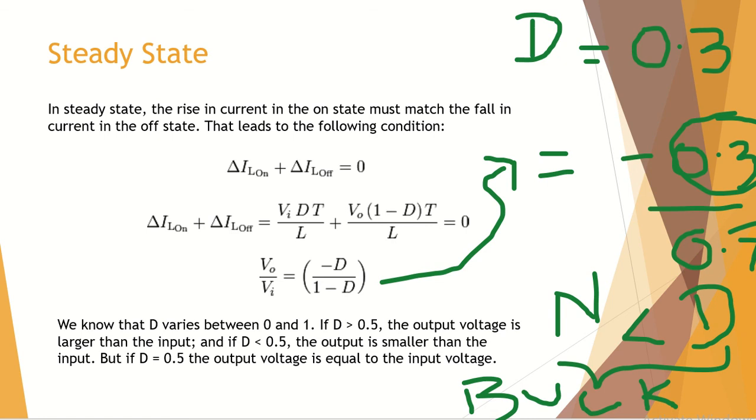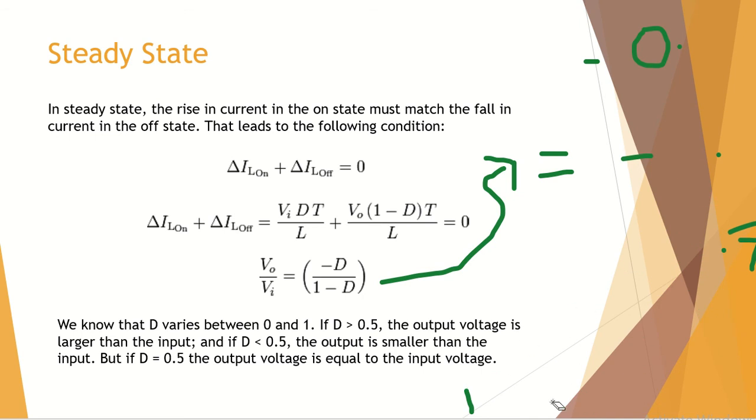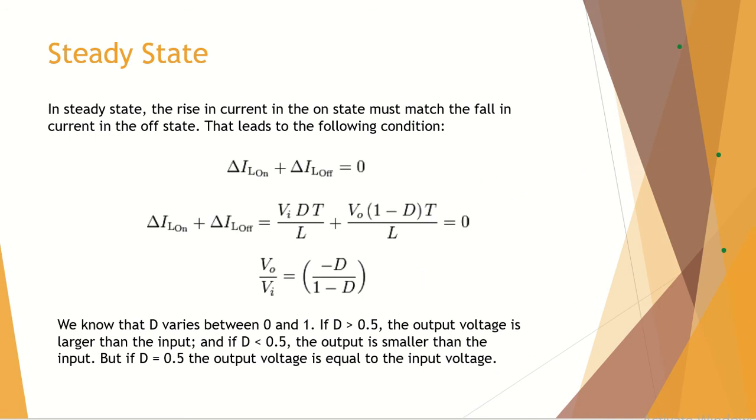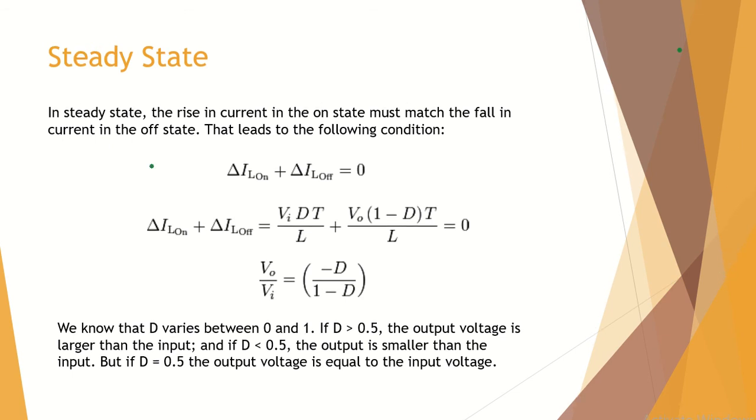Let's put 0.7 over here. If you put 0.7 over here, it will be minus 0.7 divided by 1 minus 0.7, which is 0.3.